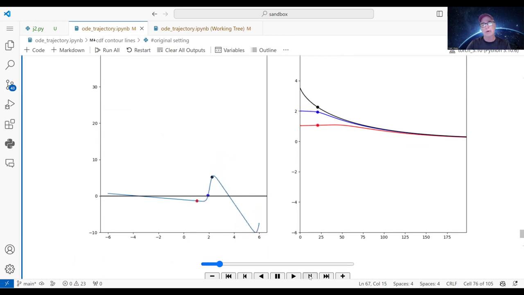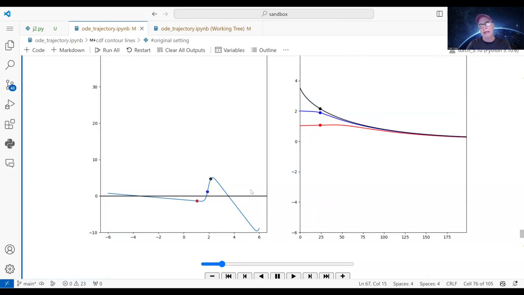And at one point, this point on the line has to stay on this score function curve, so it moves from below 0 to above 0. And that represents a point where instead of going up, it turns around and starts going down, moving down over here on the probability flow.